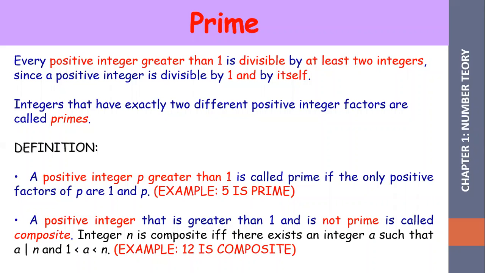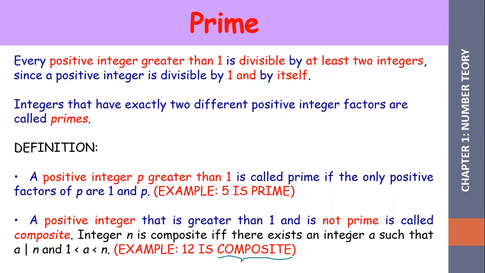All right. So we also have composite numbers. What is a composite number? A composite number is a number that is greater than 1 and it is not prime.